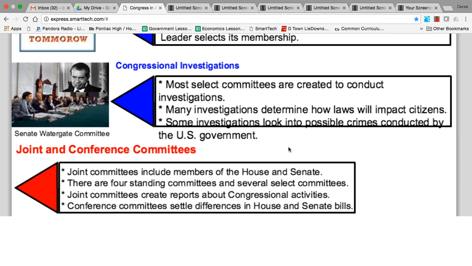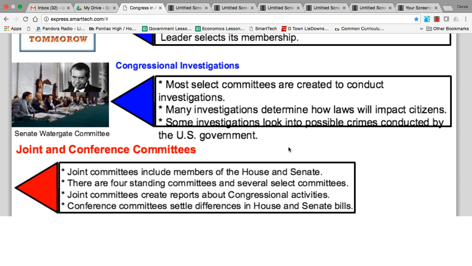Conference committees are important, but a little bit different. They're formed for a specific case on a specific bill. So the House and the Senate have to pass a law in the exact same words. They can't have any changes whatsoever.